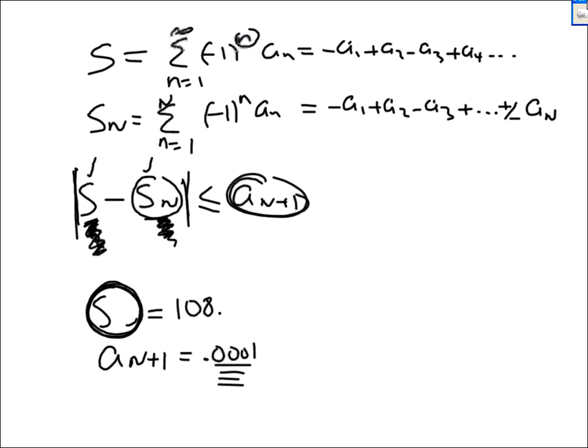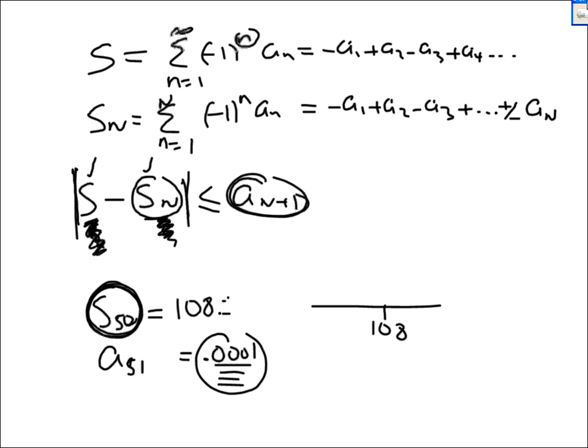Let's suppose we add up the first 50 terms, and we get 108. And we calculate a sub 51, and it happens to be this. I can guarantee you that the real sum will be no more than 108, plus or minus that number. Here is 108.